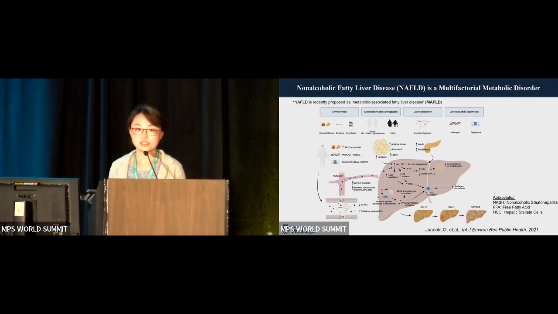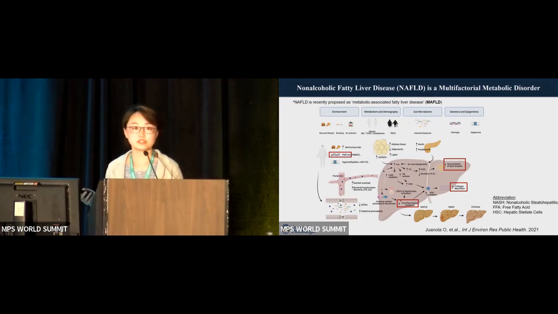Non-alcoholic fatty liver disease, or NAFLD, is a multifactorial metabolic disorder. Many factors contribute to the development of this disease, such as environmental factors, metabolic syndrome, demography, gut microbiome, and genetic variants.